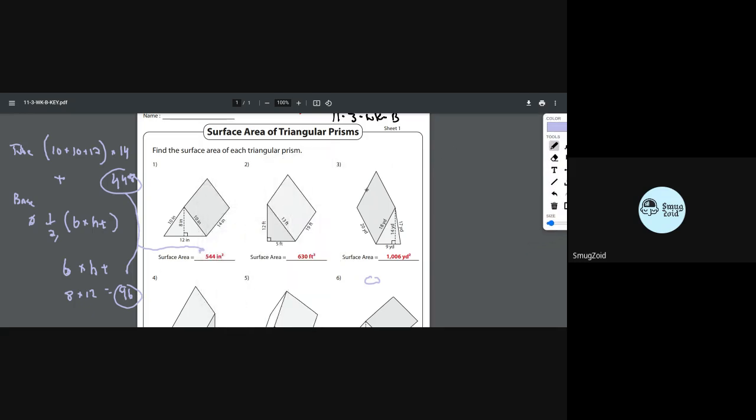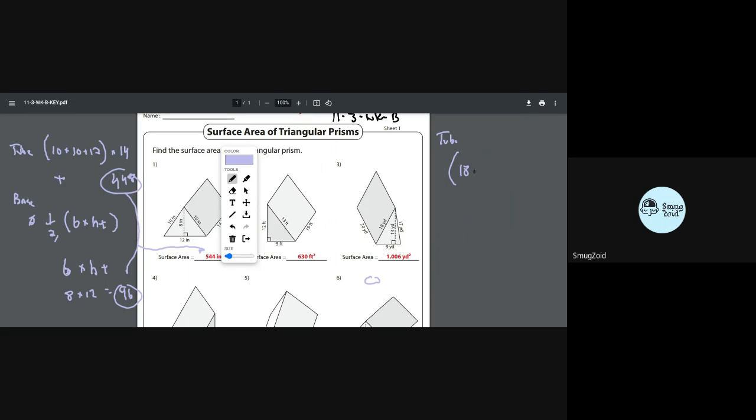So let's look at all these answers. There's a couple of these that are a little kind of wonky, like this one right here. Remember, we walk around the outside of this thing. We'll do the tube of the prism, which would be 18 plus 9 plus 17. And what's our height? Times it by 20.